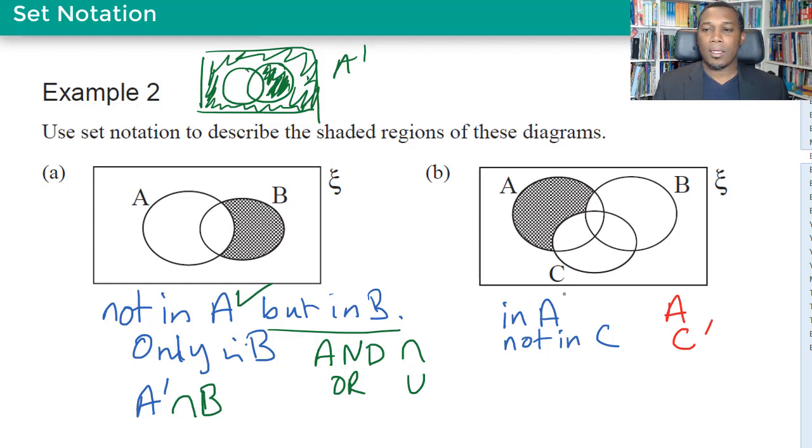And then none of B is included, so I'm thinking about B prime. That's my initial thinking. Note what I said there, initial thinking, because you'll see how things are going to change a bit. Not in B. So are we happy? That's the situation there. It's not in B. It's not in C. It is in A. So that's currently my thinking.